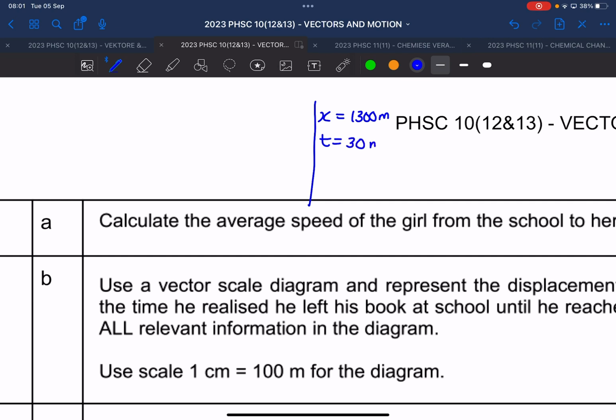Do we work in minutes? So what are you going to do? And that gives you? Okay, and they ask for the average speed. So speed is distance over time. 1,300 divided by 1,800. And what do you get, Klano?